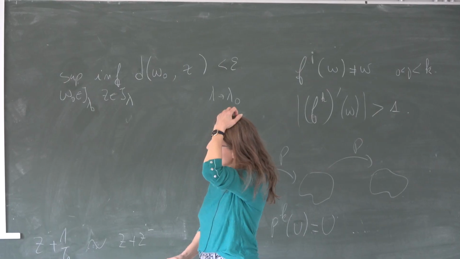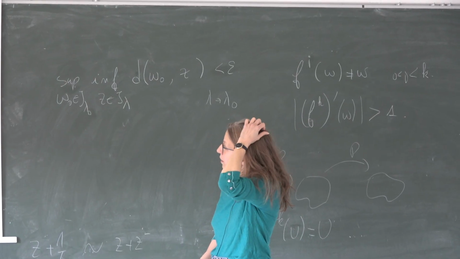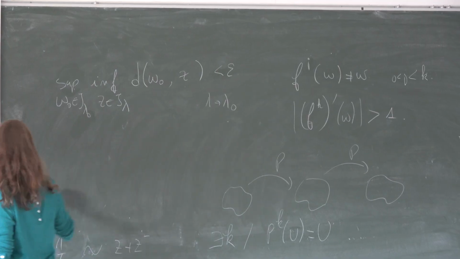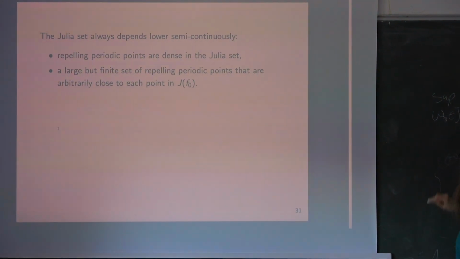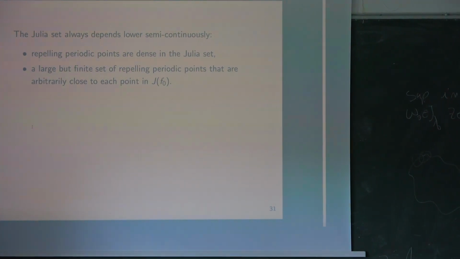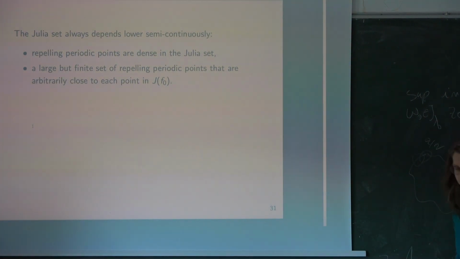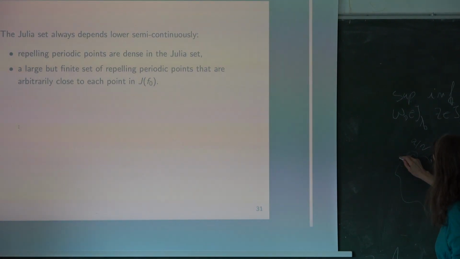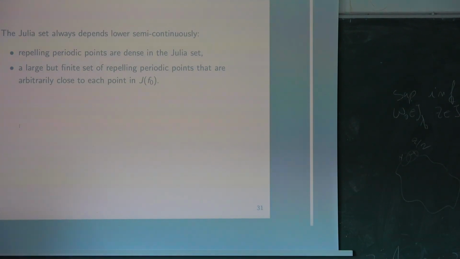So it means that we can cover the Julia set for lambda naught, f naught. The Julia set is a compact set. You can cover it with a finite number of balls of radius epsilon over 2. In these balls, you will find a repelling periodic point, because repelling periodic points are dense.